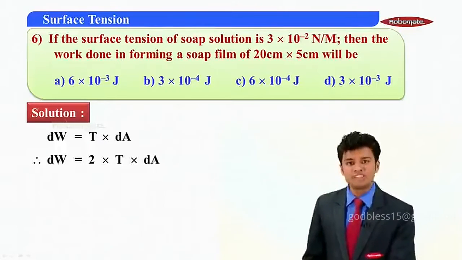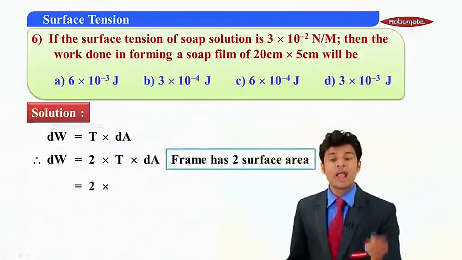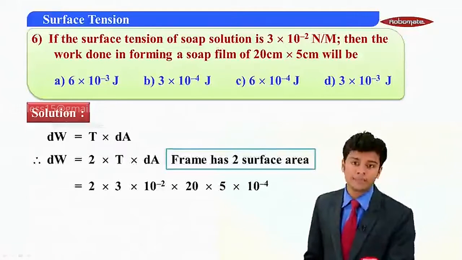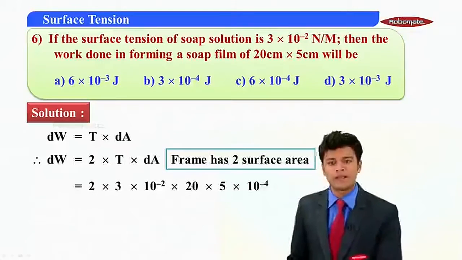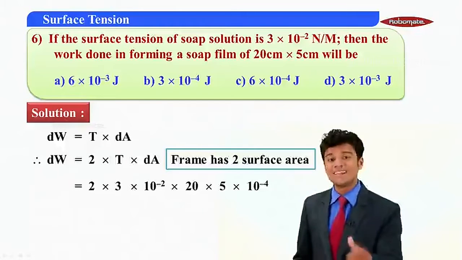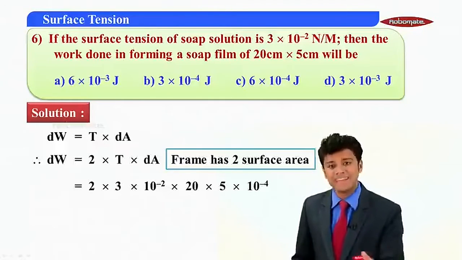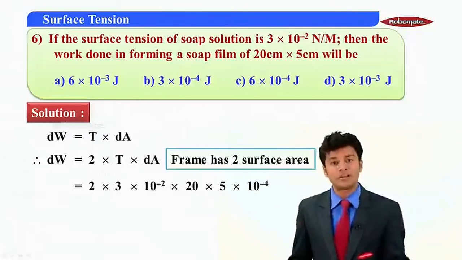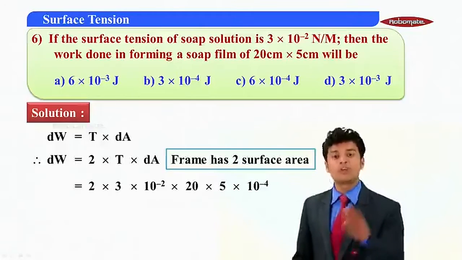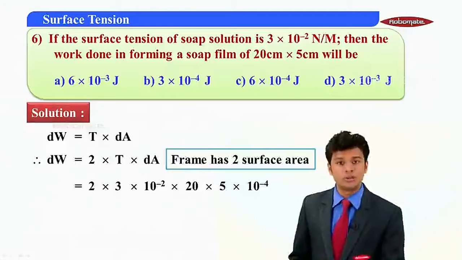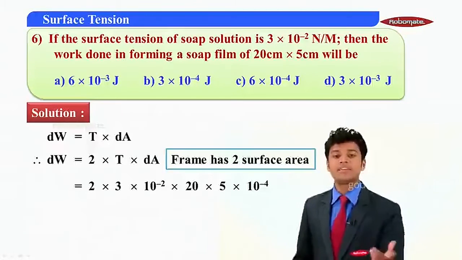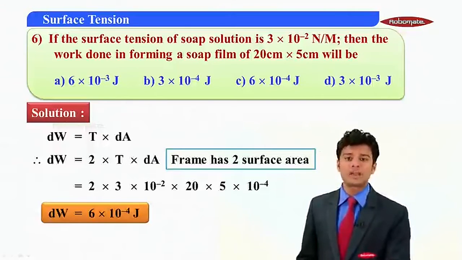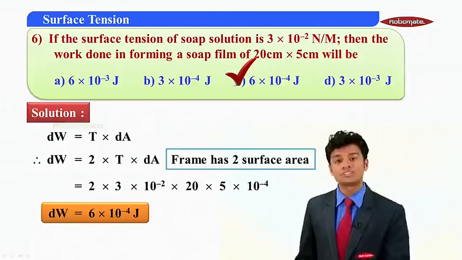So dW = 2 T dA, because the frame has 2 surfaces. Substituting the values, T is 3 into 10 power minus 2, and dA is 20 centimeter by 5 centimeter, that is 20 into 5. To convert centimeter into meter I write 10 raised to minus 2, but since I have 2 quantities in centimeter, I write 10 raised to minus 4. Solving further, dW = 6 into 10 raised to minus 4 joules, which is your option C.